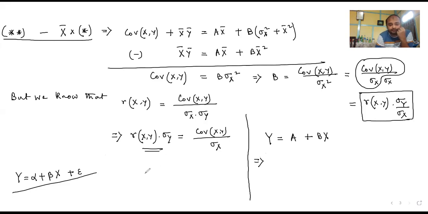We know that we had the equation y bar equal to a plus b x bar. That equation we also obtained. From there, the quantity a can be written as y bar minus b x bar. So I'm going to substitute the value of a from this and the value of b from that.